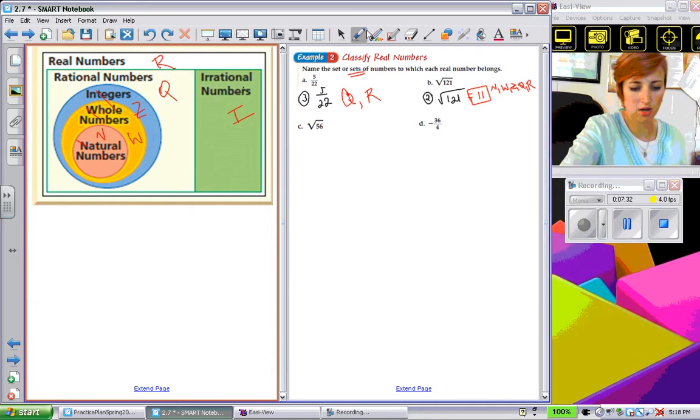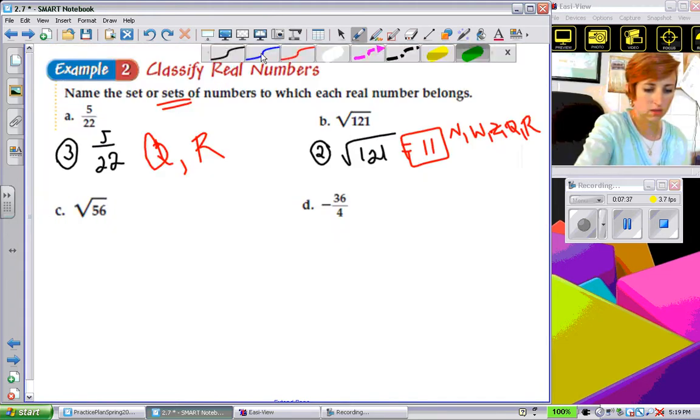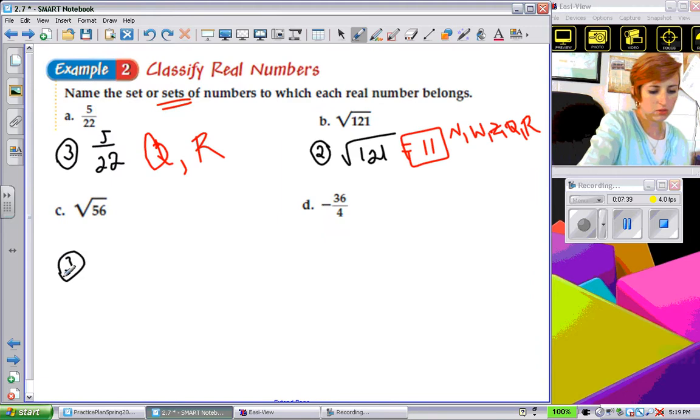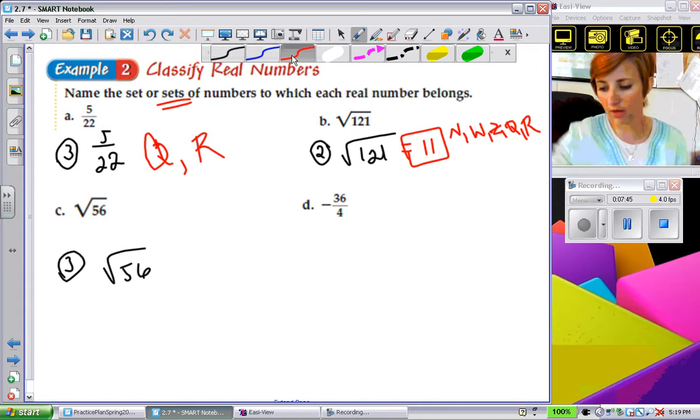Now our next one, example 3, gives us the square root of 56. And once again, we need to see, can I take the square root of 56? So let's do that real fast.